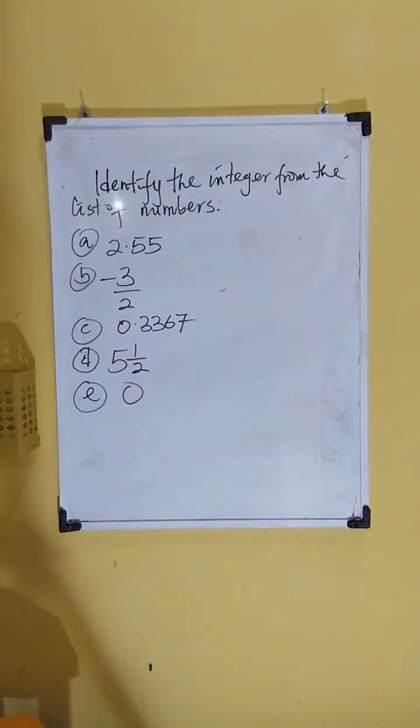So now let me ask James, identify the integer among the list of numbers there. Okay, the integer among the numbers are B and C. Okay, sorry, are B, yes. All right.